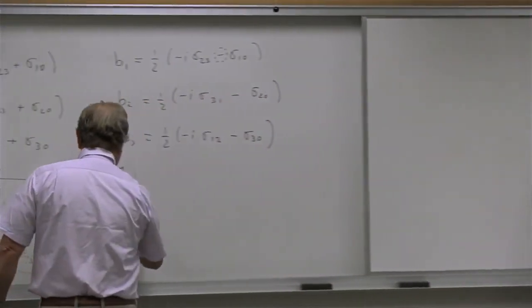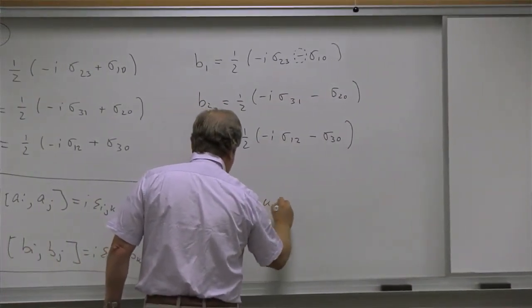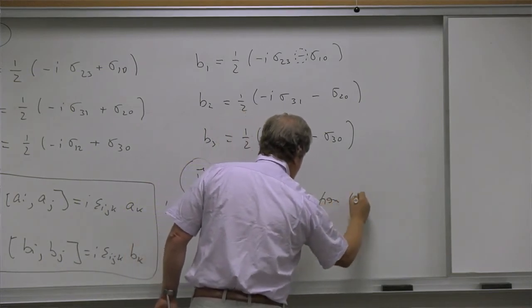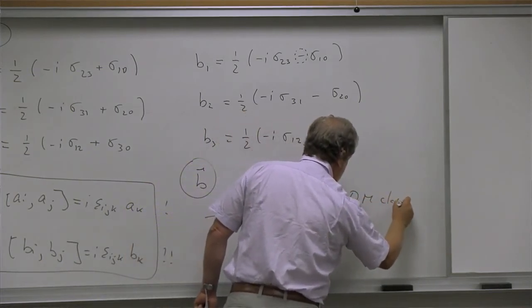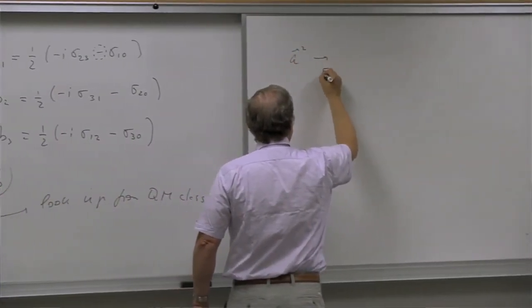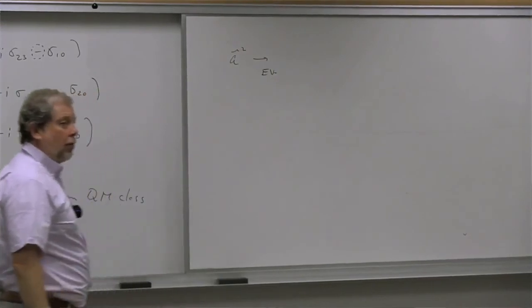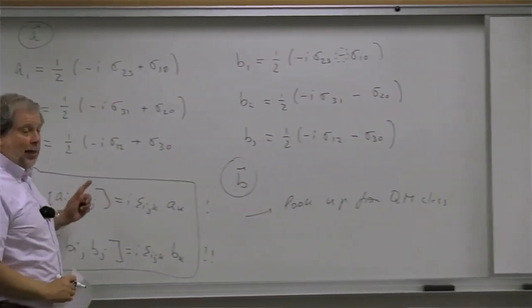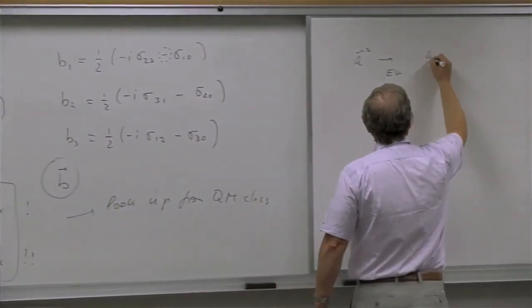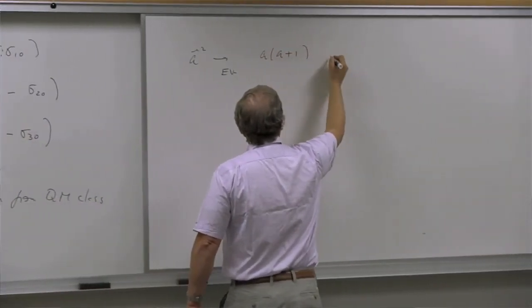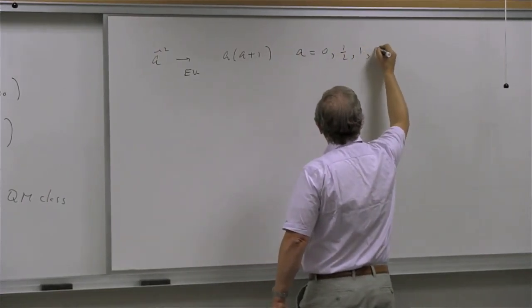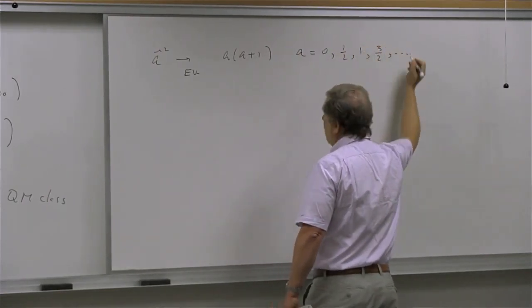So we can look these up from quantum mechanics class. And so that means that A squared has eigenvalues. What are the eigenvalues of A squared? Well, because the algebra is exactly the same as the angular momentum, the eigenvalues are a times (a plus 1), with a equals 0, 1/2, 1, 3/2, and so on.